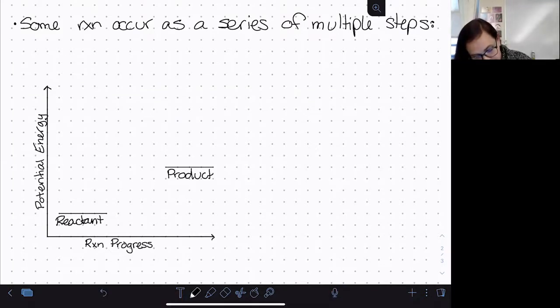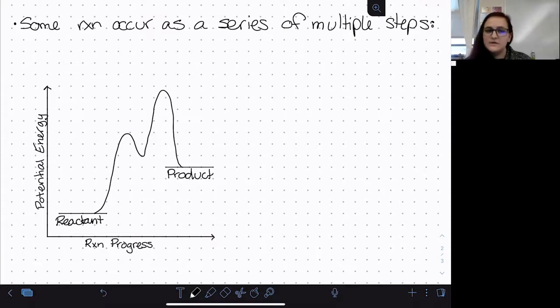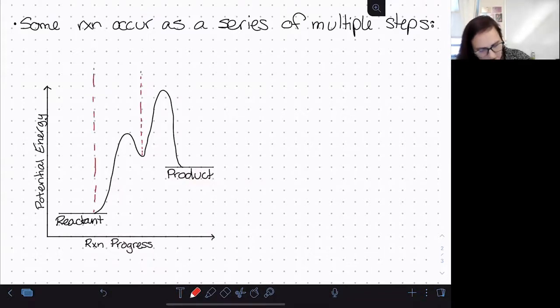So for instance, we might have something that looks like this, just as one example. So we've got sort of a split here between where we started and the first peak would be step 1 in this area in here.